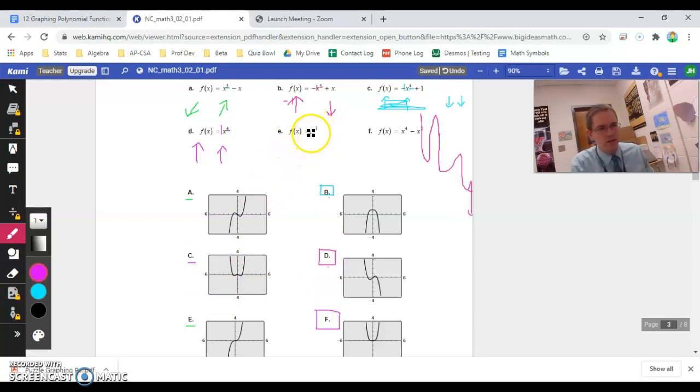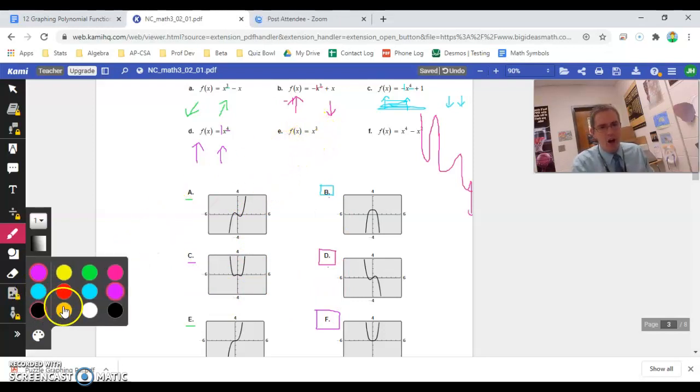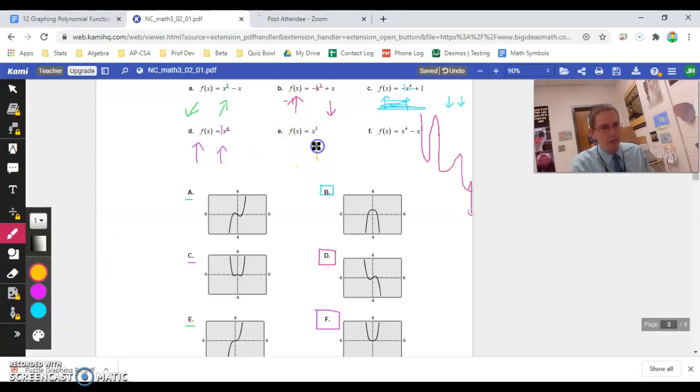For this one, just an x to the third. Once again, an odd degree with that exponent of 3. So the ends are going to be different. So in this case, one's down and the other's up. Now you notice A and E both had a degree of 3. They both had the same end behavior. To narrow it down, basically, since this just has one term, it's basically going to move in one direction the whole time.